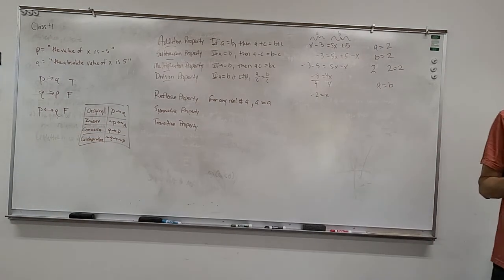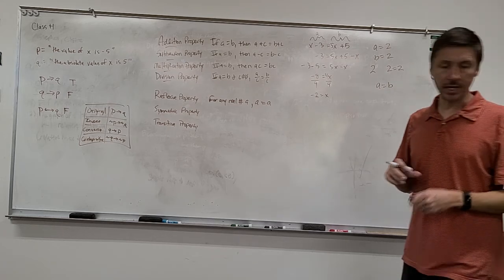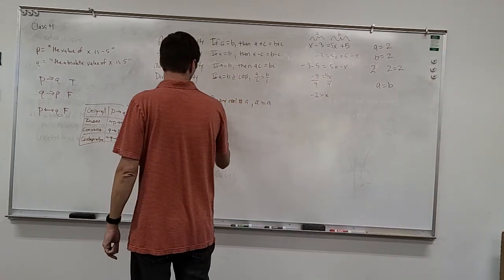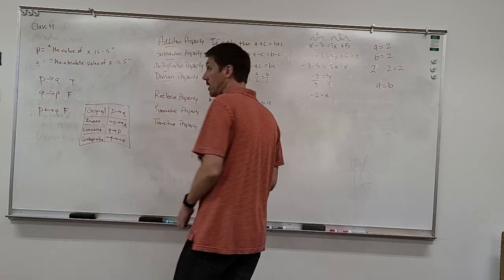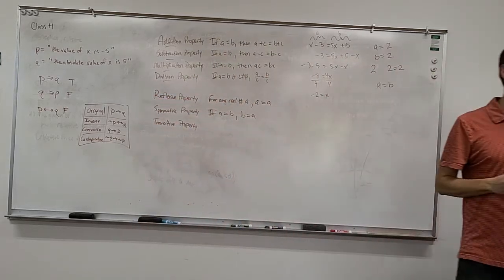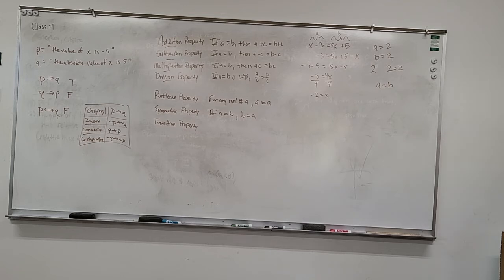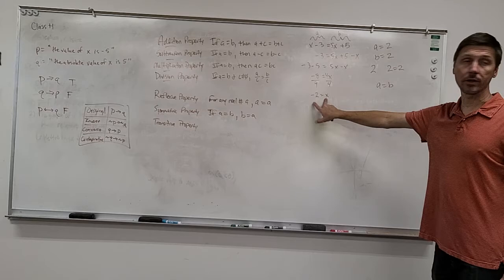For the symmetric property, if A equals B, then we can flip that thing around and say that means that B also equals A. So there'll be some things in the future where we have to know that. That's just like when I write this here.